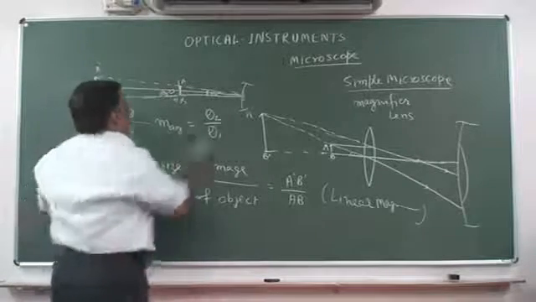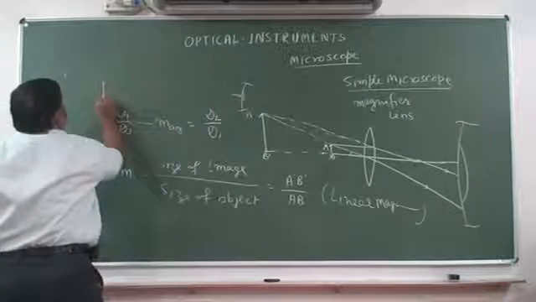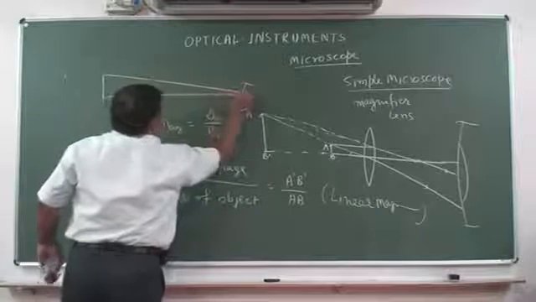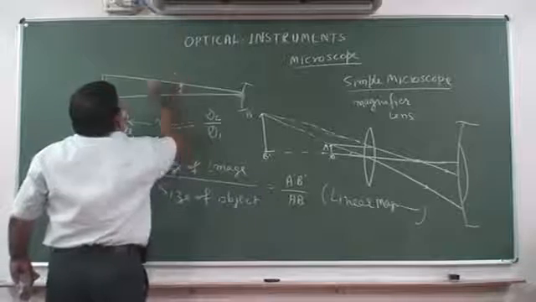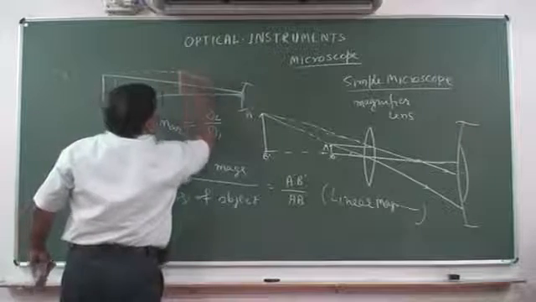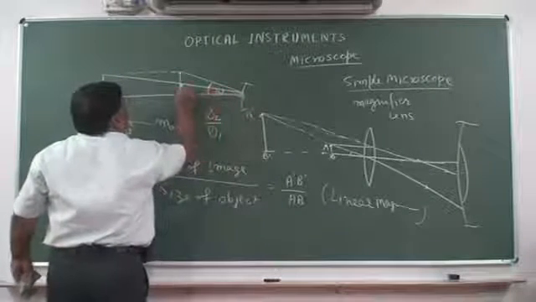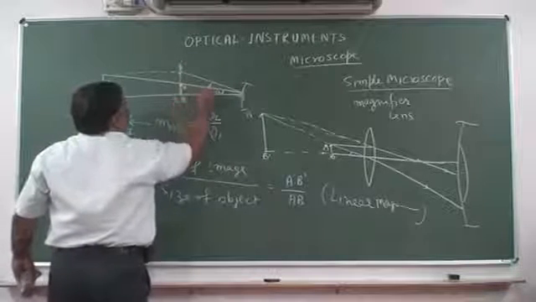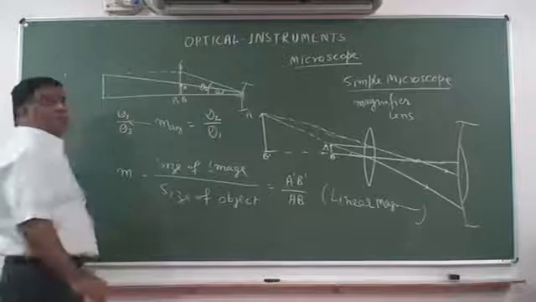Now another thing in this you will see. Theta 1 by the object and theta 2, this large angle theta 2, this is by the image.